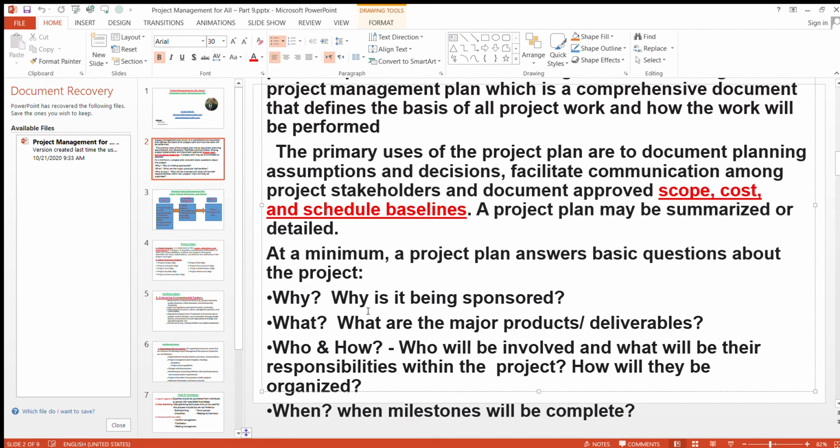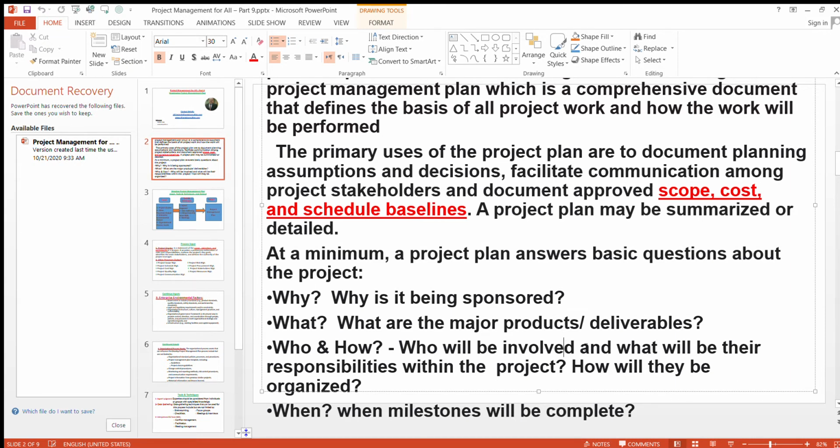It answers the why. Why is it being sponsored and done? Why the project is done? And the what. What are the major products and deliverables of this project? What we are going to produce, what we are going to build, who and how, who will be involved, and what will be their responsibilities within the project, and how will they be organized, and when the milestones will be complete.